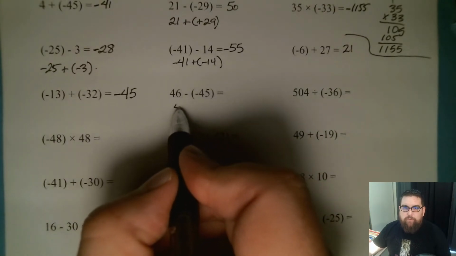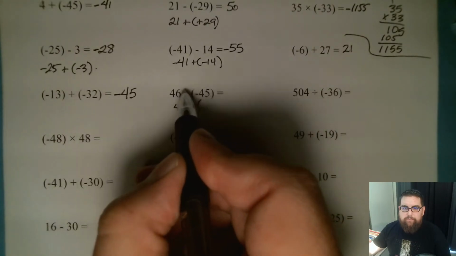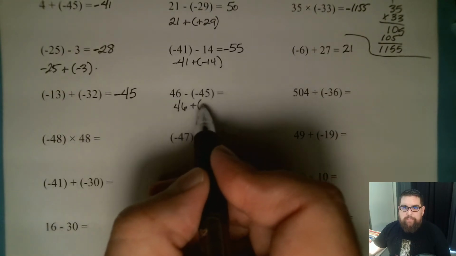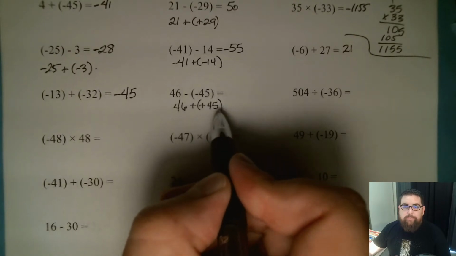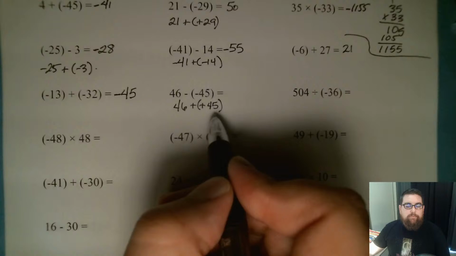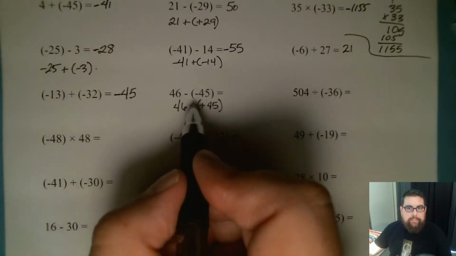With this problem, we have 46 minus negative 45, or plus, if we change the subtraction to addition. And if we change one sign, we have to change the next sign, 45. Again, notice I'm changing the sign of the second number. It's not the sign of the first number, it's the sign of the second.